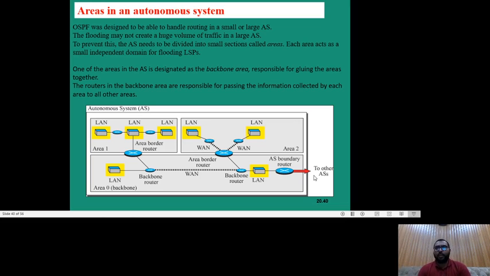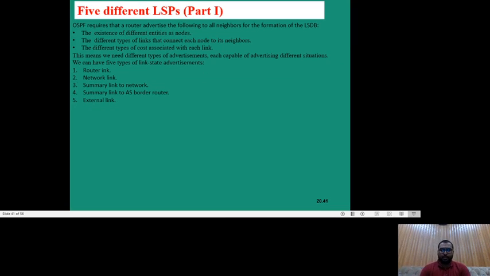The mechanism along with the other routing mechanism will be different. There will be additional responsibility to not only pass on data among the different areas and networks, but also to connect with the other autonomous system.